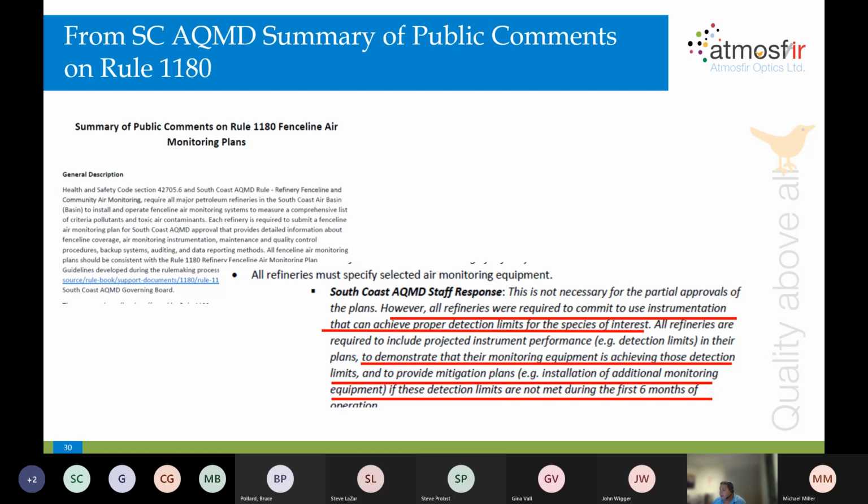And they gave a time limit of 6 months to meet the detection limit. I see that maybe the time was extended due to the COVID pandemic, but again, it will be over, at least in Israel. Everybody is now getting the vaccine, and I see that in the United States it will be maybe in a couple of months. So life will be back to normal, I hope. And then we will see what South Coast is going to do with that.